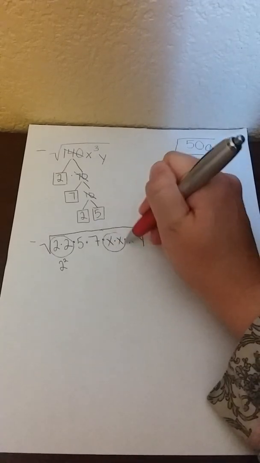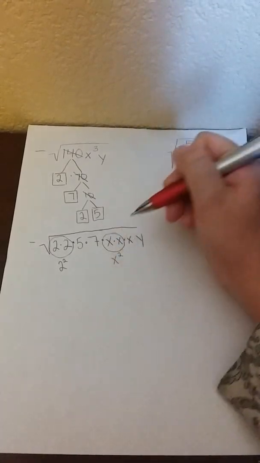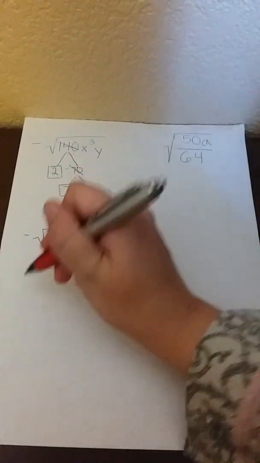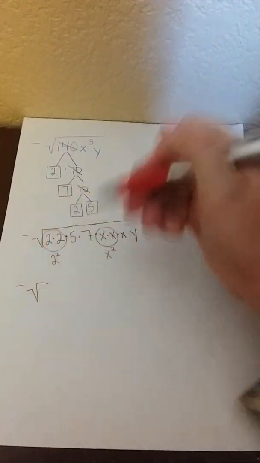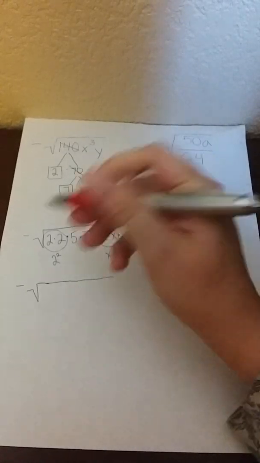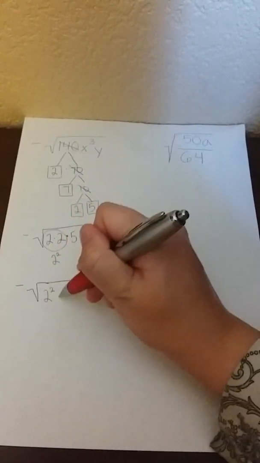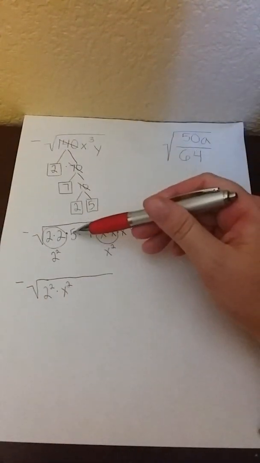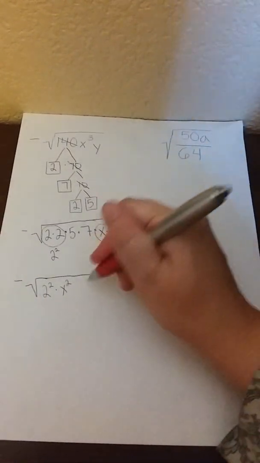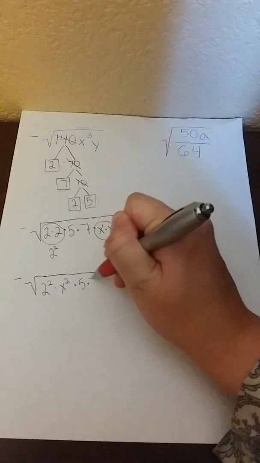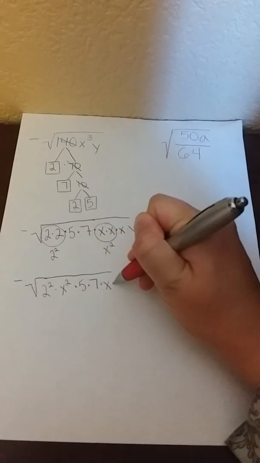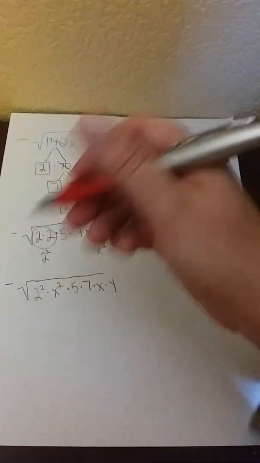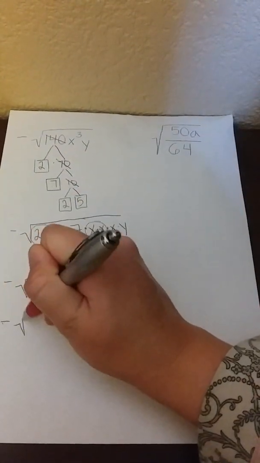I have 2 x's here, so that's x squared. Nothing else has a pair. So I'm going to rewrite it so my squareds are in front. I have 2 squared and x squared, and then I have left over 5, 7, x, and y. I'm going to split that into 2 pieces, one with the squareds, one without.